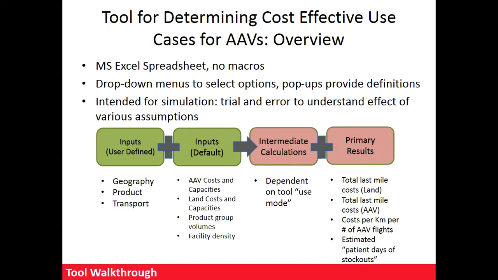Then these help produce the primary results of the tool, which cover total last mile costs for both land and AAV delivered, which include the direct transport costs, both variable and fixed, as well as holding costs of the product. It also covers the cost per kilometer per the number of AAV flights, and it also produces an estimated patient days of stockouts.